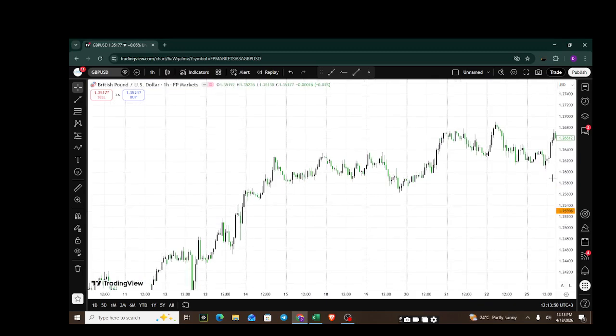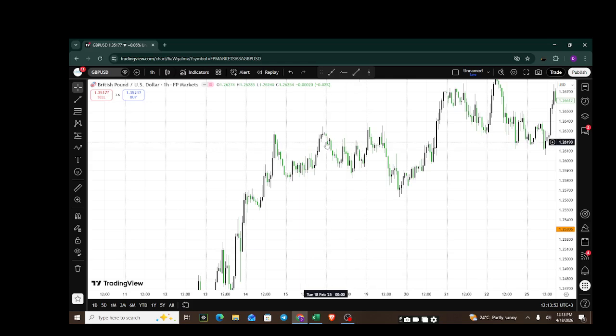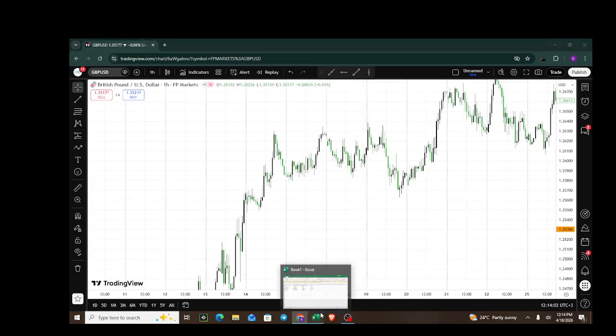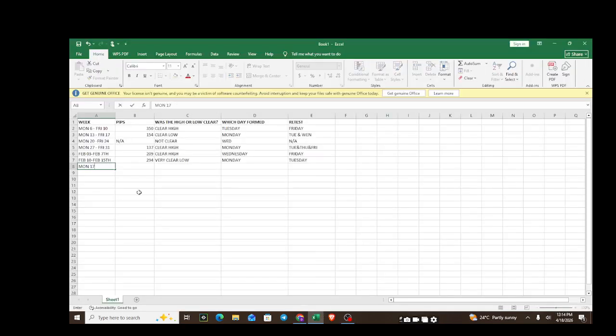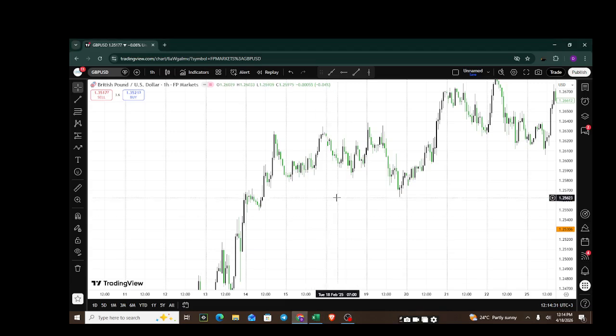So Monday. So this week between Monday 17th and Friday 21st. So Monday 17th, then we first ask ourselves, do we have a clear high or low of the week?